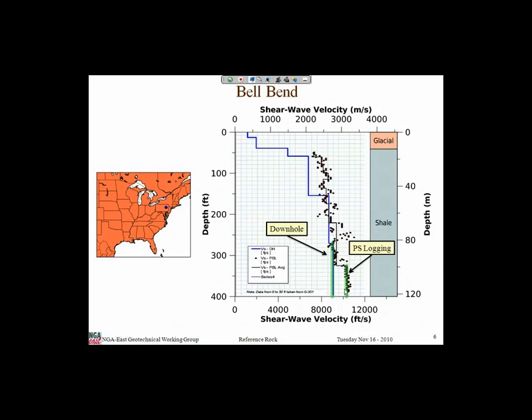So this was a way for us to interpret. There was a fair amount of judgment in terms of how we define where this rock is. For example, this location is about 200. The start of what we're calling this hard rock or reference rock is at around 230 feet.